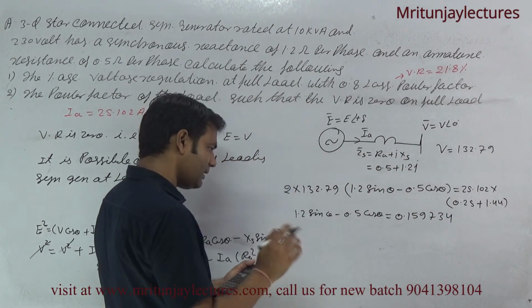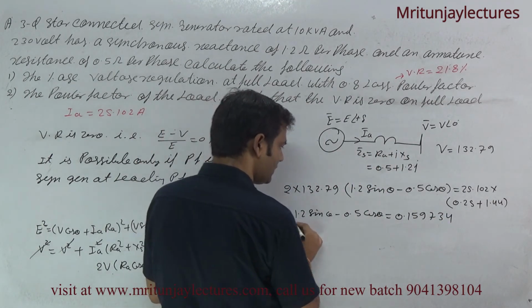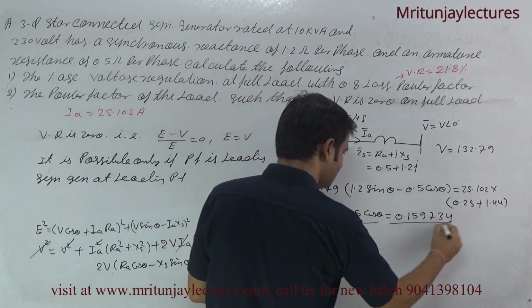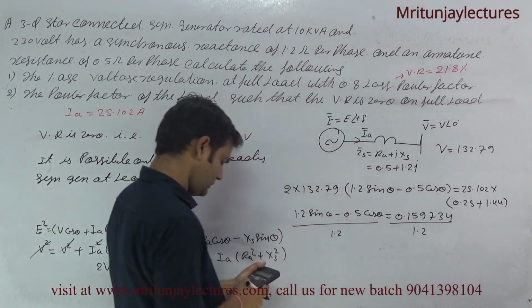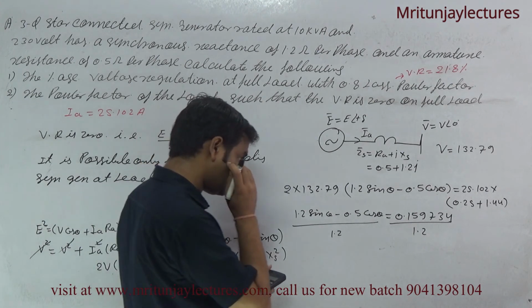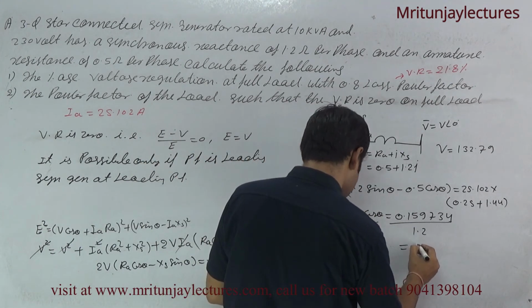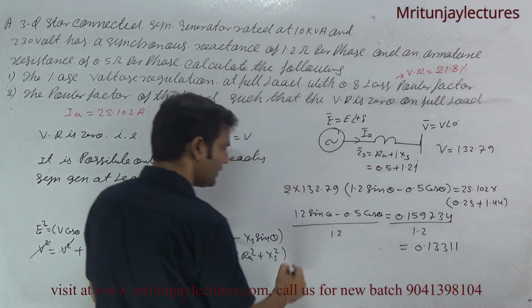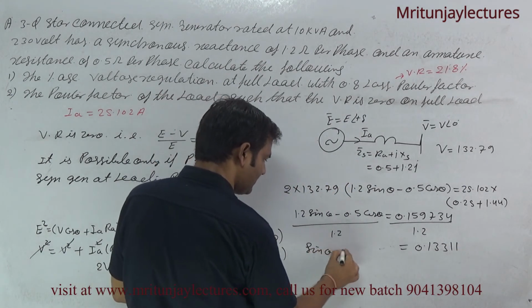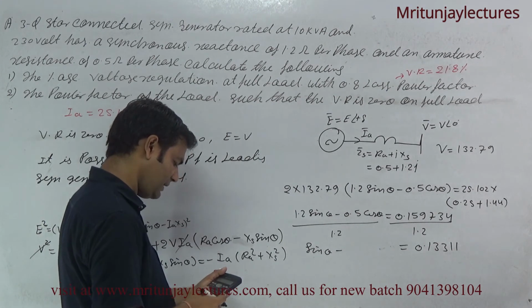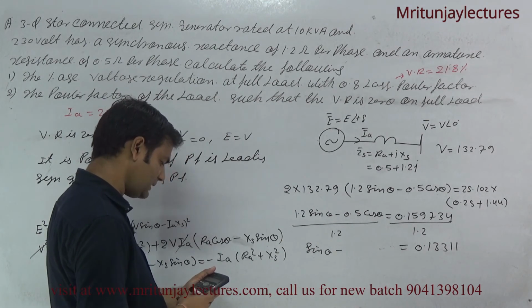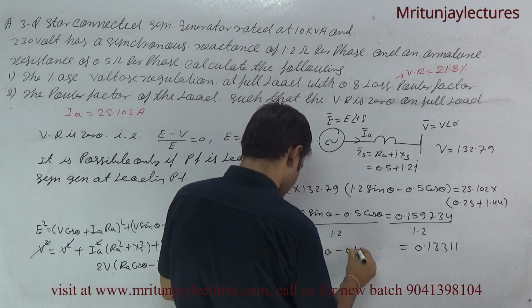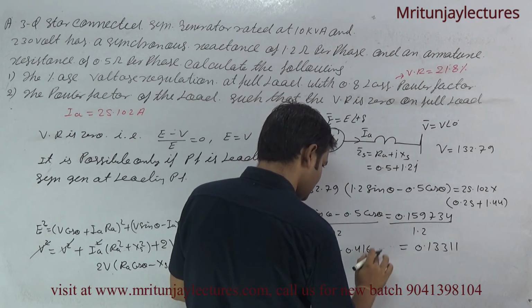Okay, dividing both sides by 1.2, we get 0.13311, and this side is sin theta minus 0.5 divided by 1.2, that is 0.416 cos theta.